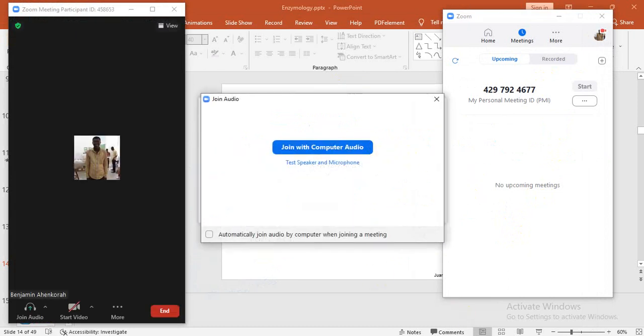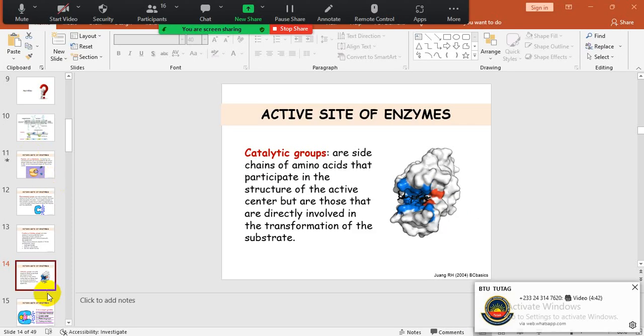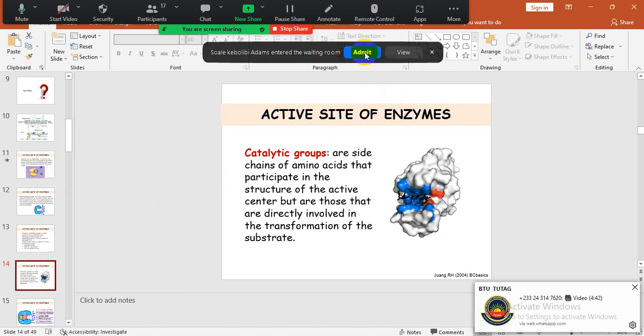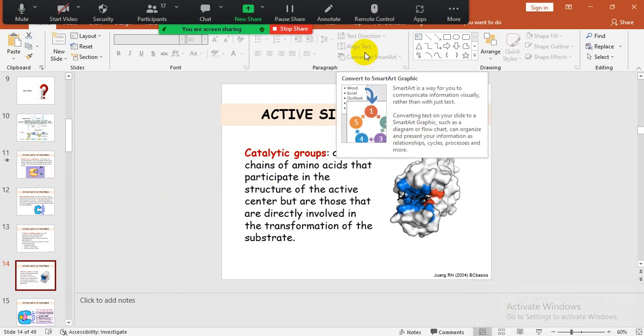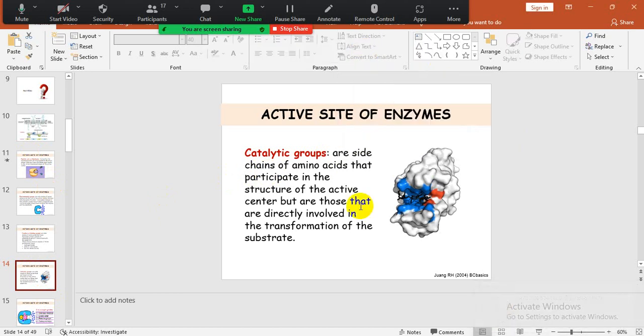So we are on slide 14. The active site contains amino acids, and the side chains of those amino acids are those that catalyze the reactions.